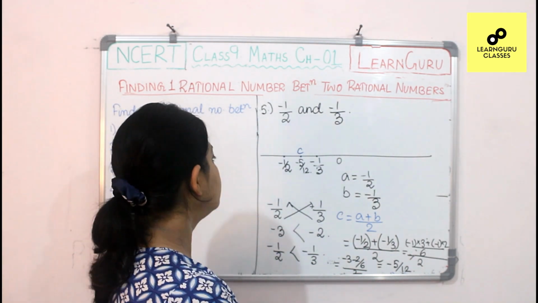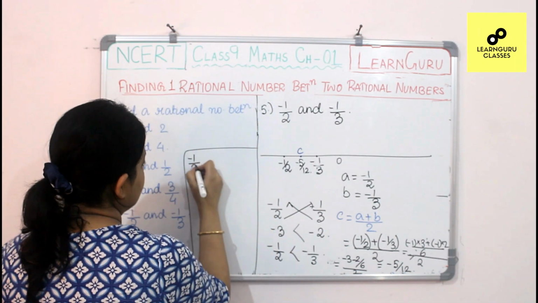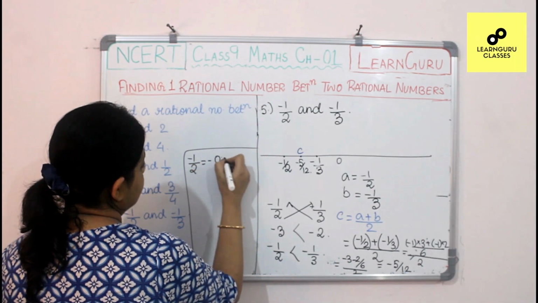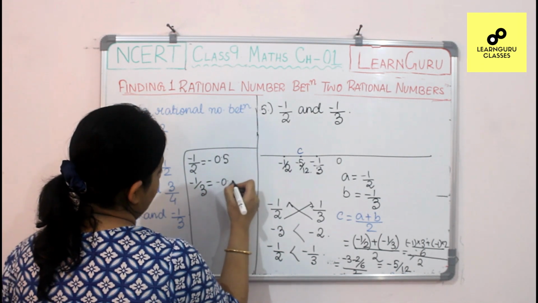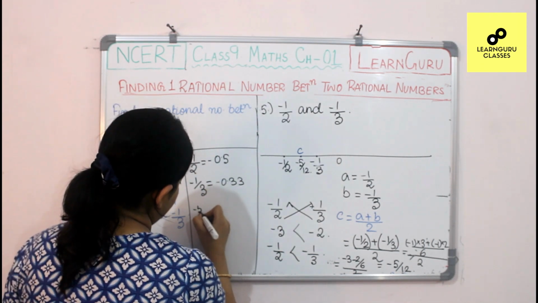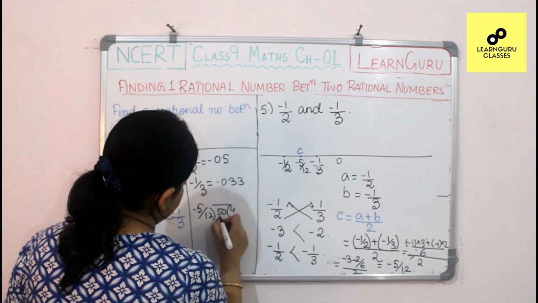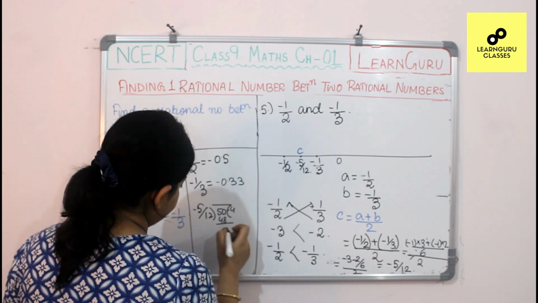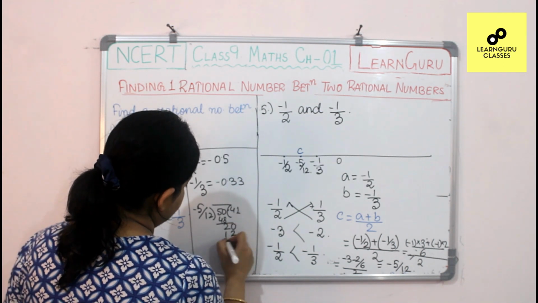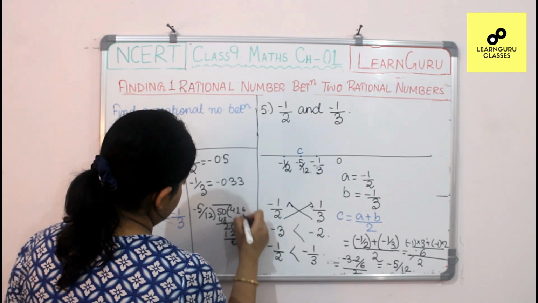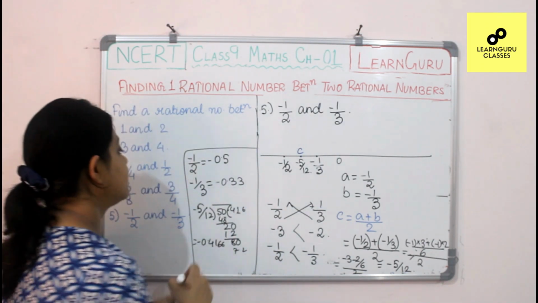Again, if you want to check, you can check. Decimal equivalent of minus half is minus 0.5, minus 1 by 3 is minus 0.33, and minus 5 by 12, I have to check. 12 4s are 48. 12 1s are 12, 12 6s are 72, so roughly minus 0.4166 it is coming.